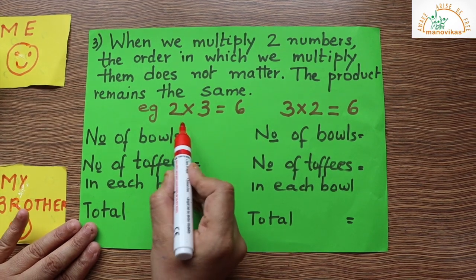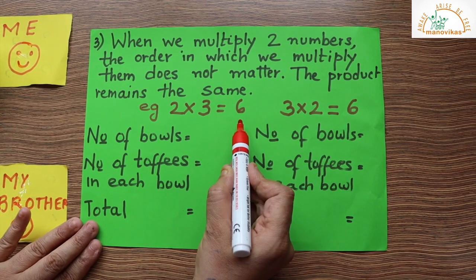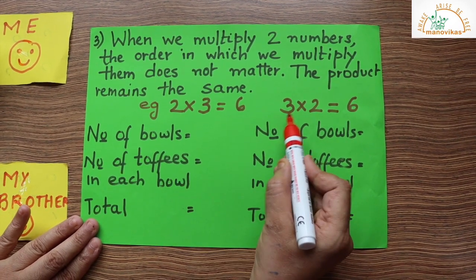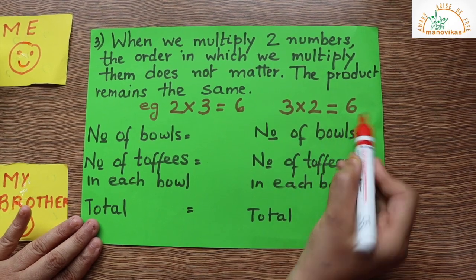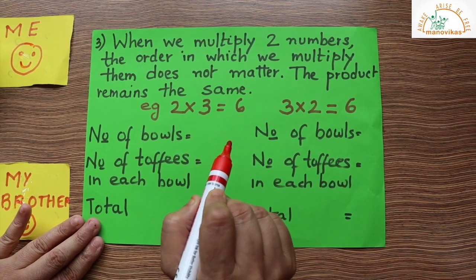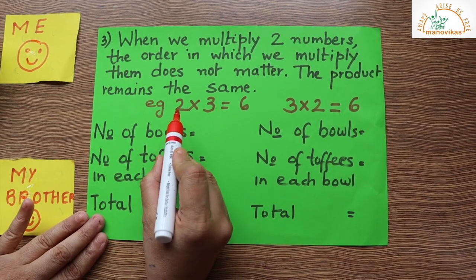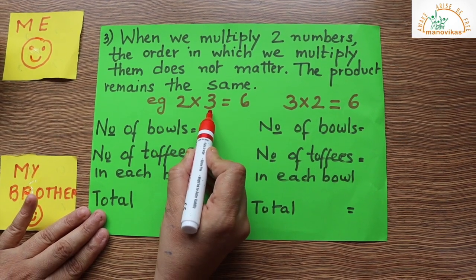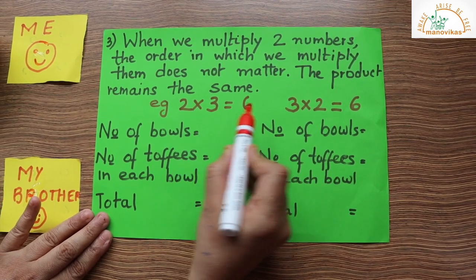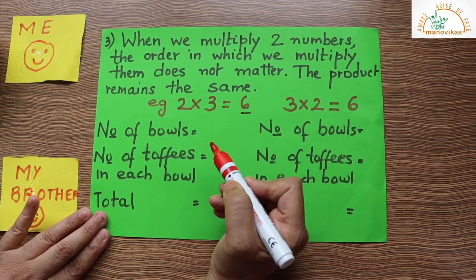Example, 2 multiplied by 3 is 6. Also, 3 multiplied by 2 is 6. Here, students, in this example, I have written 2 first followed by 3 and then multiplied, and the answer I got is 6.